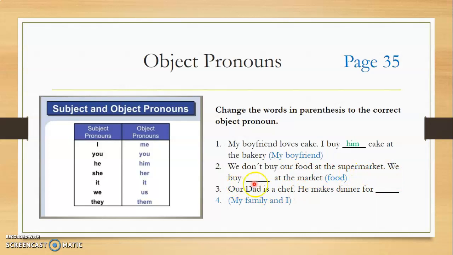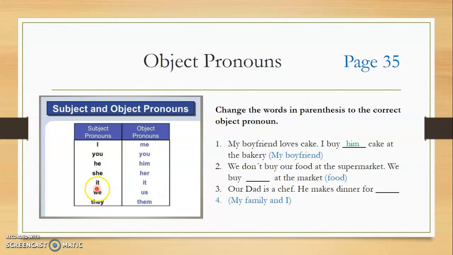Now, number two, we don't buy our food at the supermarket. We buy at the market. The word in the parentheses is food. What is food? ¿Qué pronombre utilizamos para representar animales o cosas? You already know that the one we use to identify animals or things is it, okay?